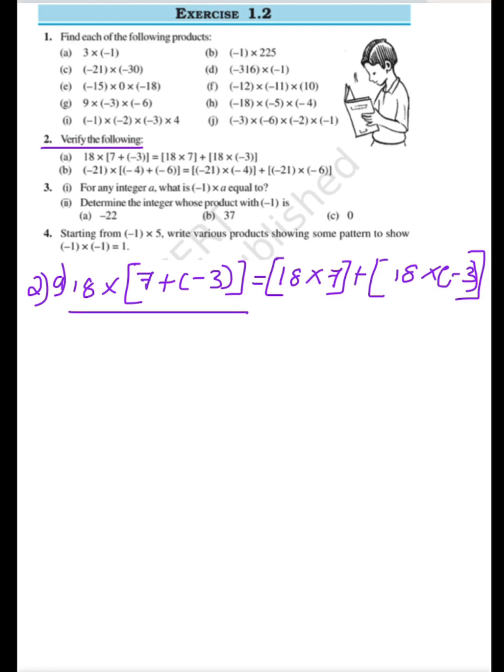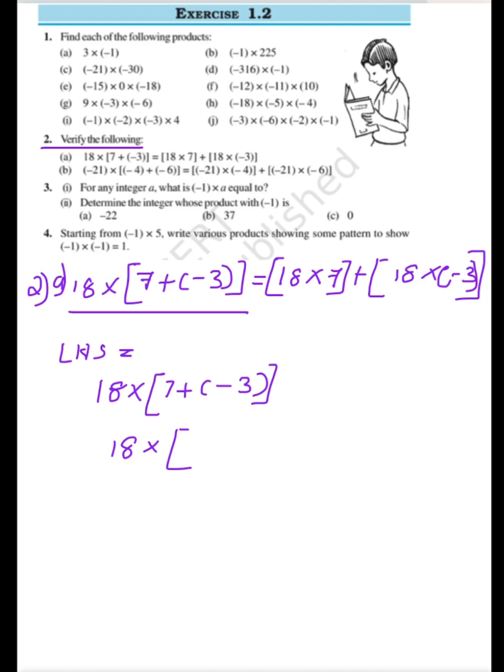Let's see the answer for LHS first. LHS means left hand side. Left hand side is 18 into (7 plus minus 3). Let's find the answer for this first. We always have to do the things inside the bracket first. That is the BODMAS rule. You know that. So let's write 18 into.